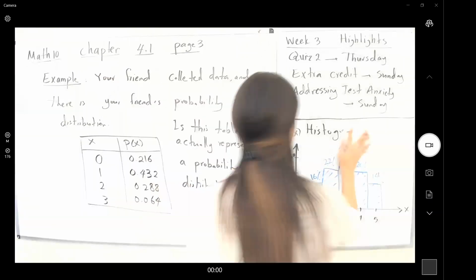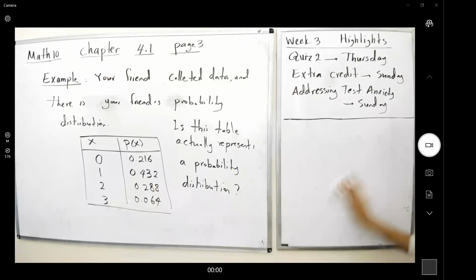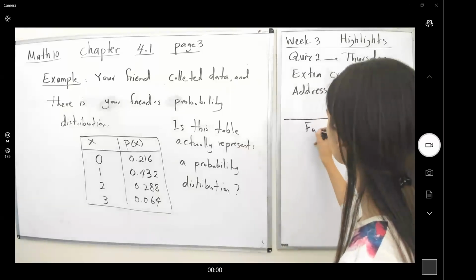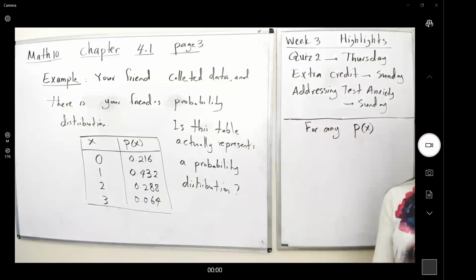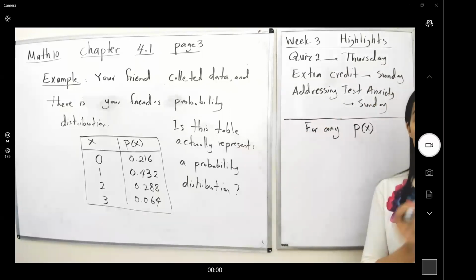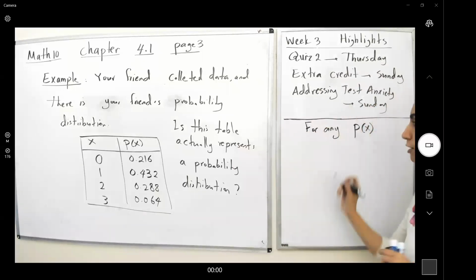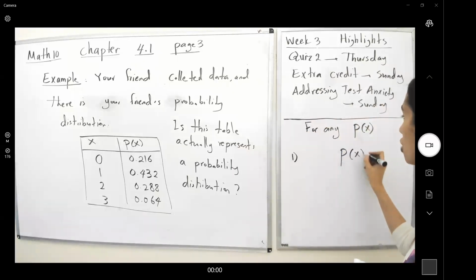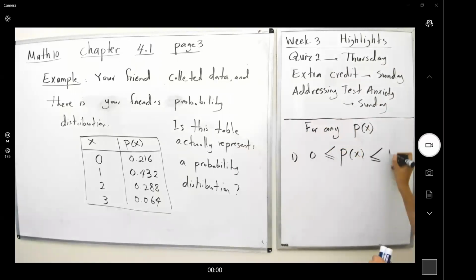Recall that when we define a probability distribution, we mention 2 conditions for any random variable x. If x is discrete, it must satisfy 2 conditions. The first condition is p of x for each of the x values must be between 0 and 1.